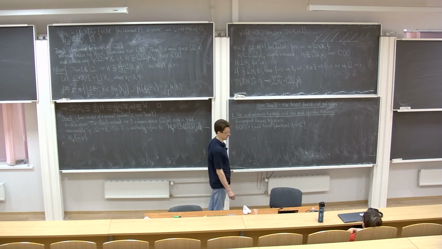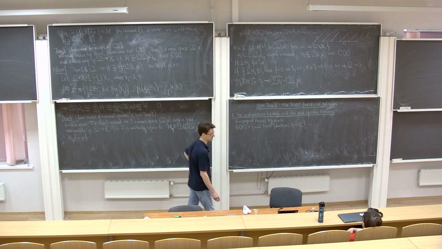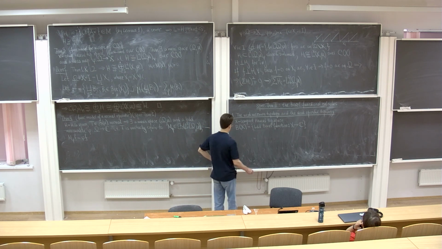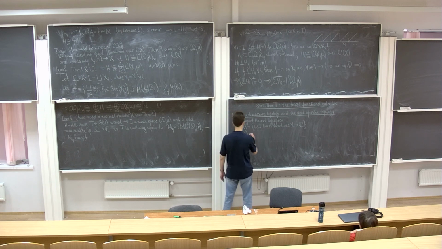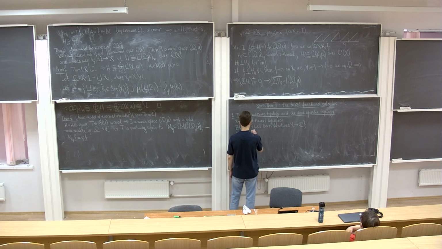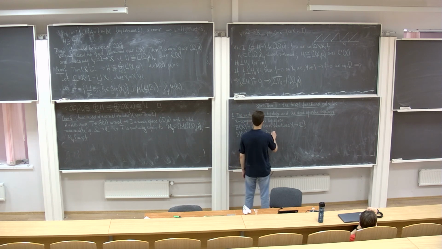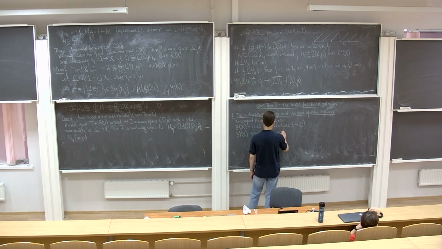Actually this is a Banach algebra, and actually this is a C-star algebra, but at this point this is not very important for us. And also, as usual, we denote by M(X) the space of complex Radon measures, which is also a Banach space.